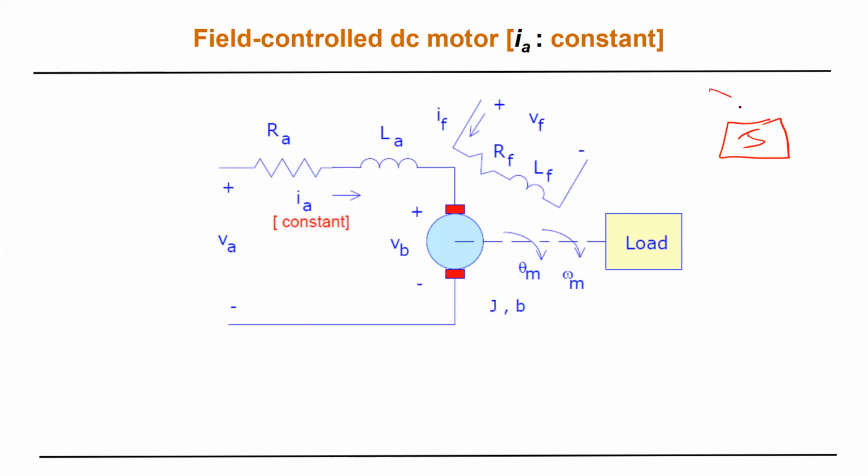The developed torque, which is Tm or TL, let's say, assume TD equal to 0. So Tm and TL are the same. So this is Tm, or TL, okay?